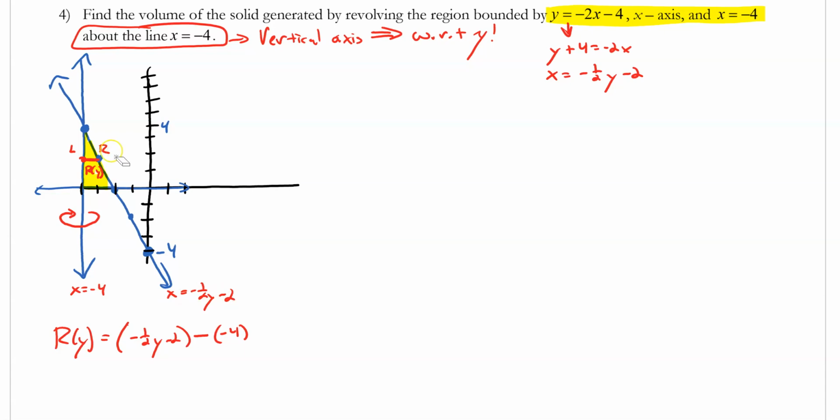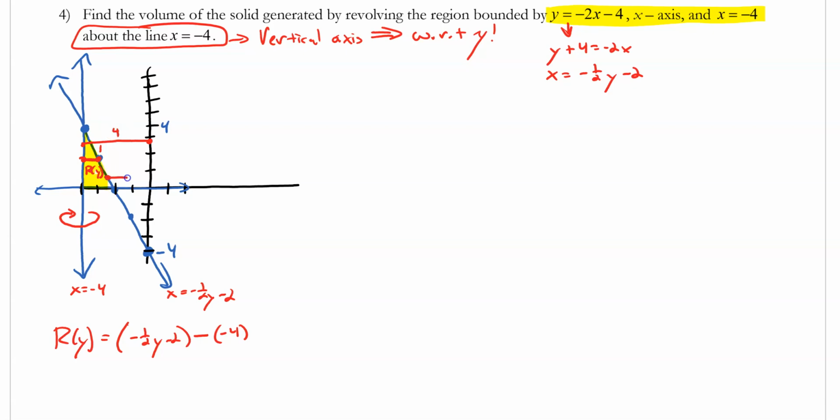Now, why does that work? Let's just kind of think about this again. We know that the distance from here to here is always 4.